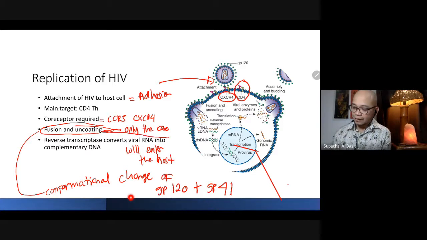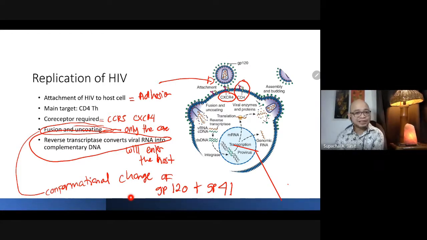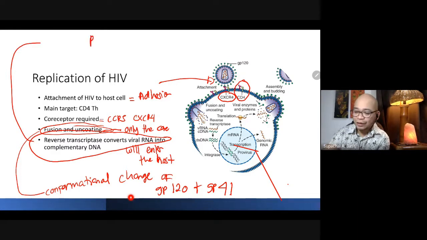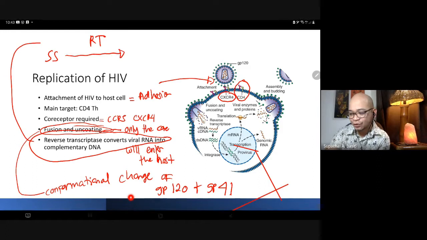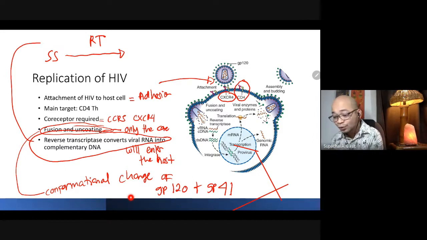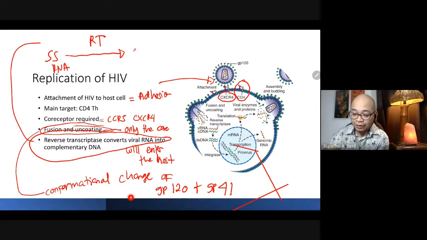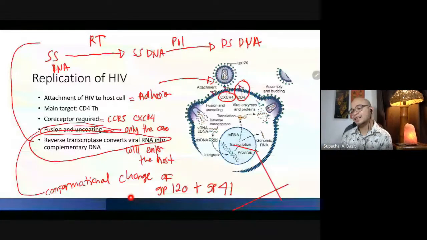And then the last here in the slide is the reverse transcriptase, which converts viral RNA into complementary DNA. What does it mean? Because of the reverse transcriptase, single-stranded RNA is converted into single-stranded DNA. And because of the presence of the polymerase enzyme, it now becomes double-stranded DNA.